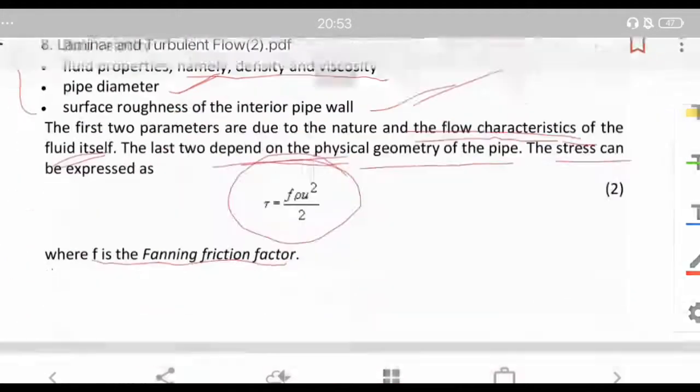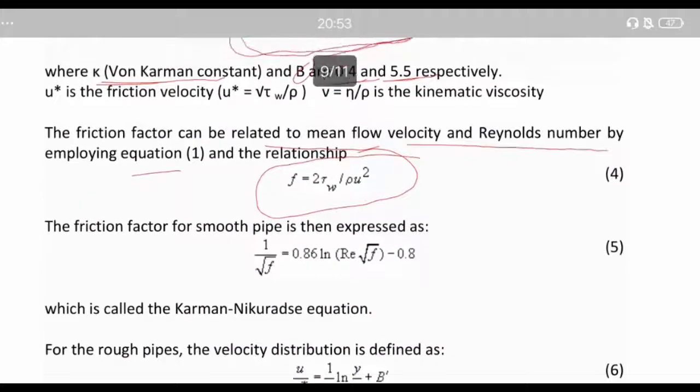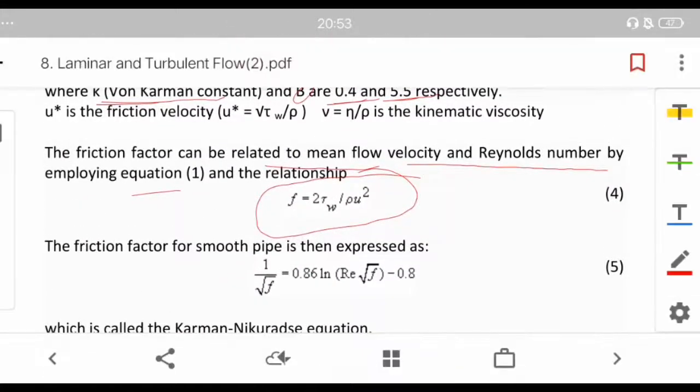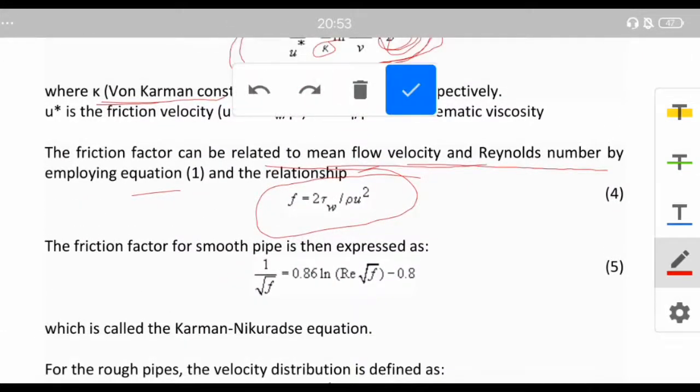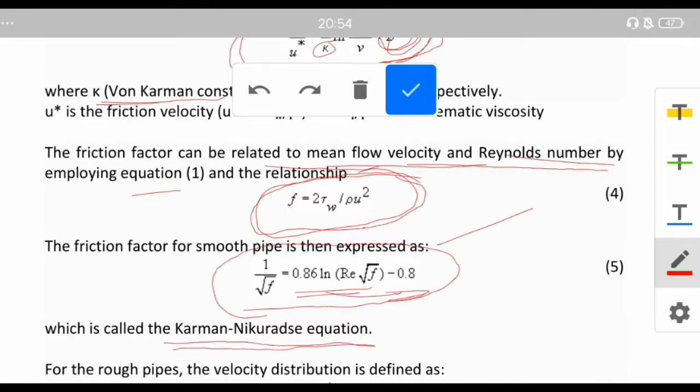On employing this and relating the friction factor to the mean flow velocity and Reynolds number, we will get f equal to 2 tau w upon rho u square. The friction factor for a smooth pipe is then expressed as 1 upon root f equals 0.86 ln of Re root f minus 0.8, which is also known as the Karman-Nikuradse equation.